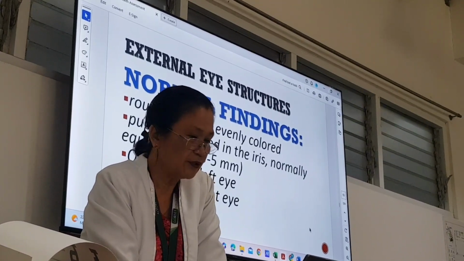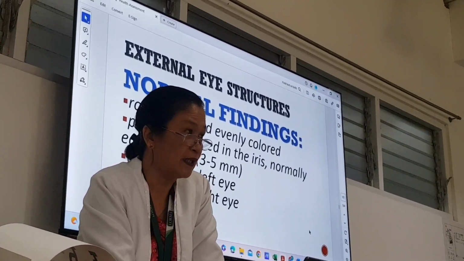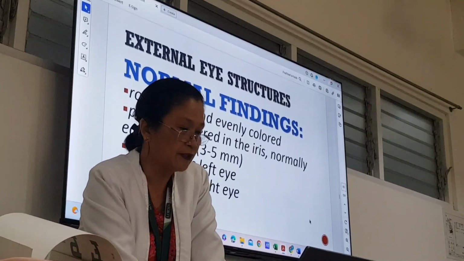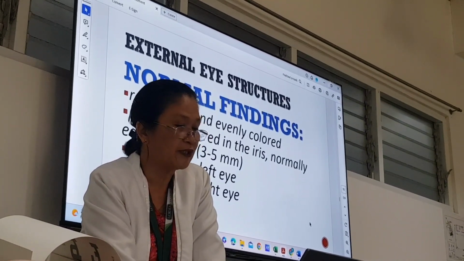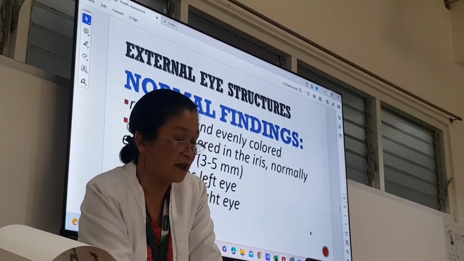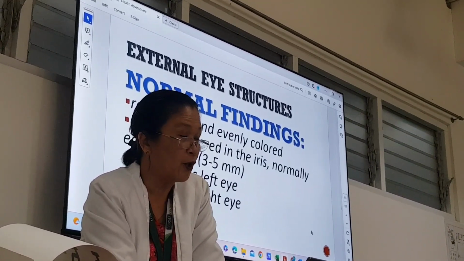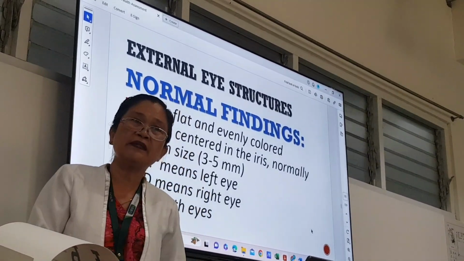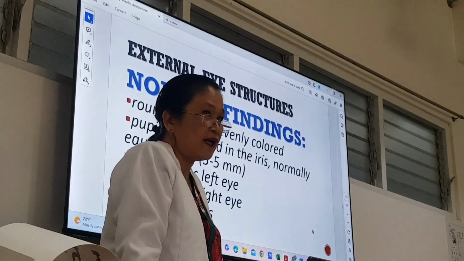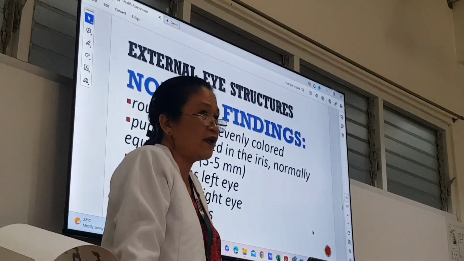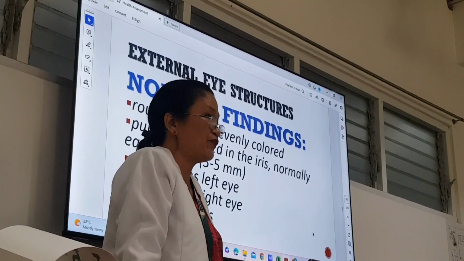The normal findings: your pupil and iris must be round, flat, and evenly colored. Pupil is centered in the iris, normally equal in size, 3 to 5 mm. OS means your left eye. Don't confuse OS and OD. OS, left eye; OD, your right eye; OU, both eyes.